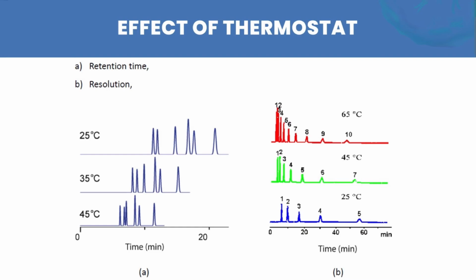So it means the temperature not only affects the resolution, but it also affects the overall analysis. So in this way temperature is important, and if we maintain a certain temperature according to the compounds that are present and that we want to separate, it also affects the efficiency of the chromatographic system.